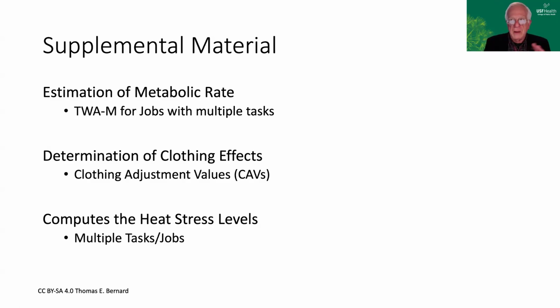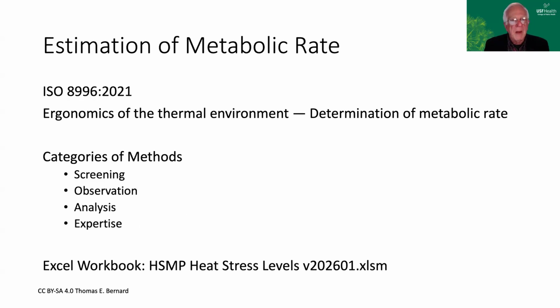So you can have variable levels for different jobs if you're in a situation that you would benefit from that. For the estimation of metabolic rate, I rely on the ISO standard. It was recently revised as really a good model for several methods. Those methods I discuss in the supplemental material, and then they're also included in an Excel workbook.